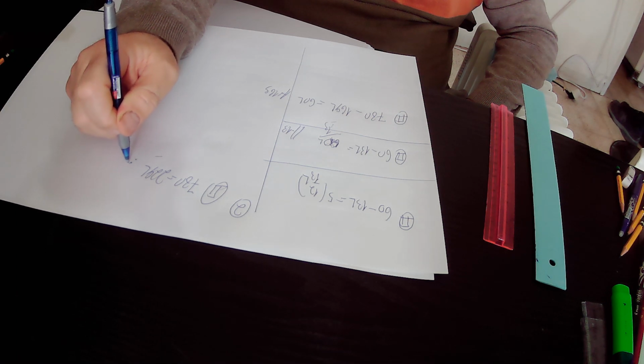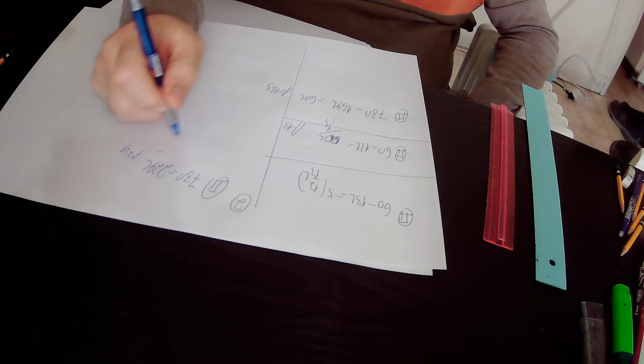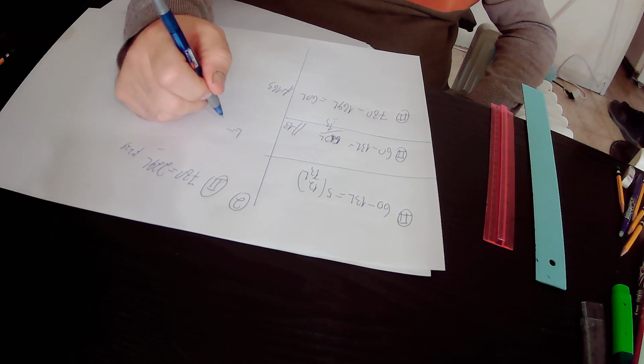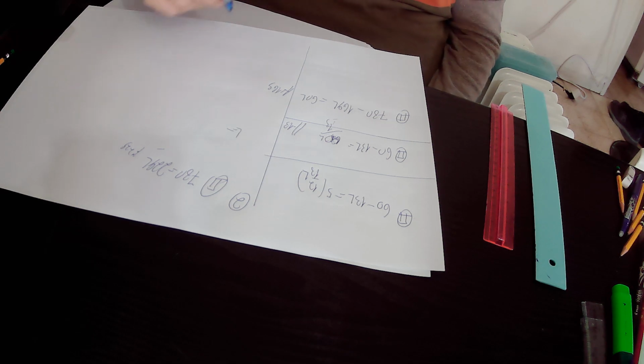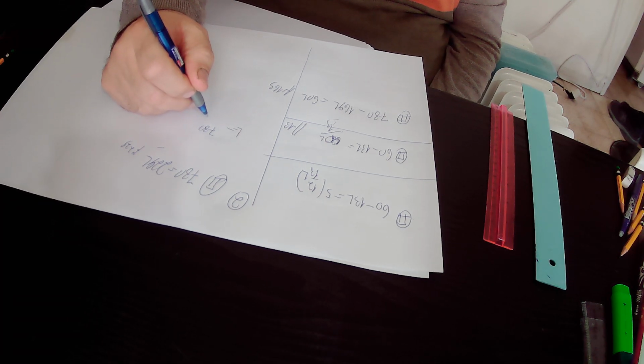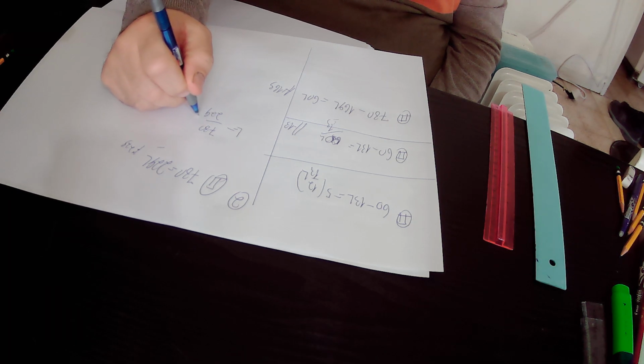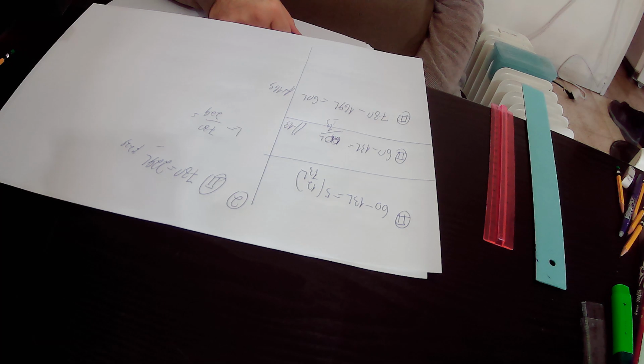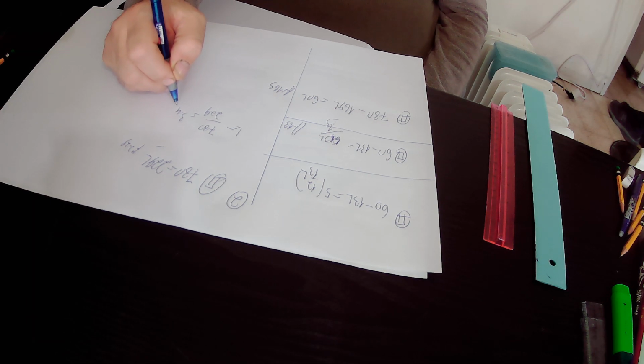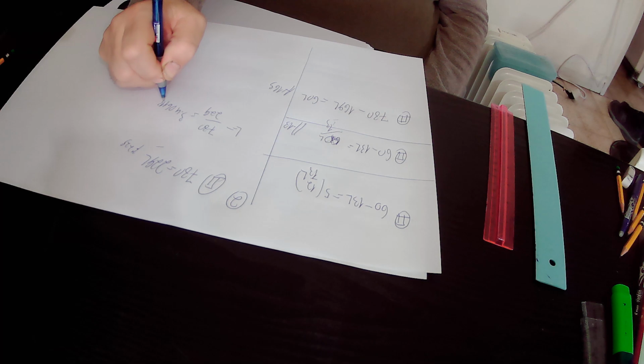So here we divide this equation by 229, and we get that L equals 780 over 229, which is equal to 3.406113.